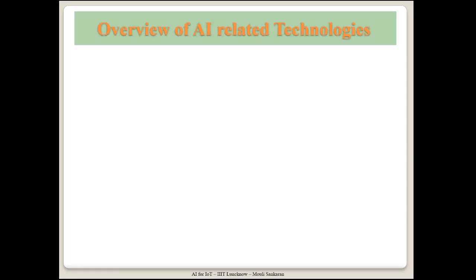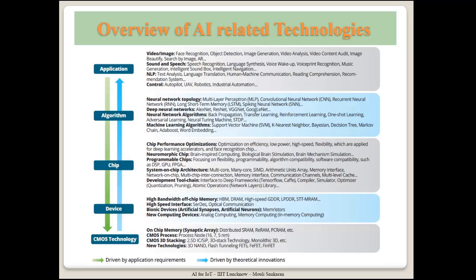Now I am not going to go into the details. You can read through it later on because it has got all the AI terms in it. I am showing you this only for you to go through it leisurely and see which belongs where. This is the whole stack. Everything works together for AI to happen on an IoT device especially, or even on the cloud. But what technology improvements at each level have made it possible is what is given here.